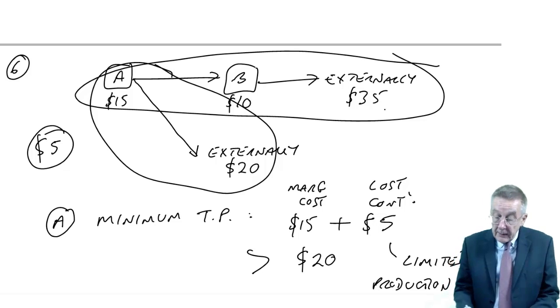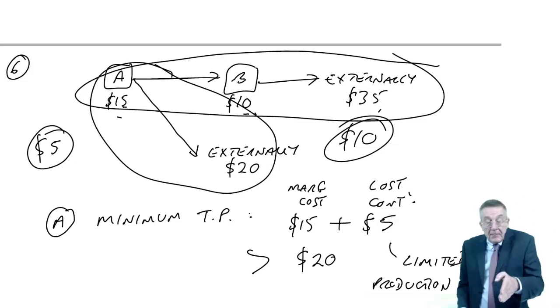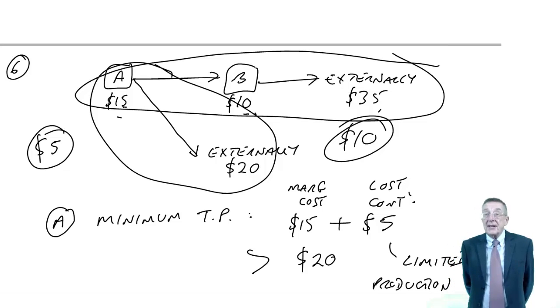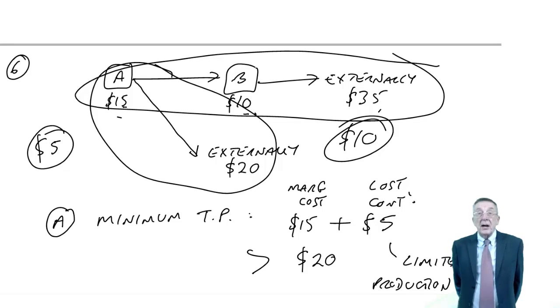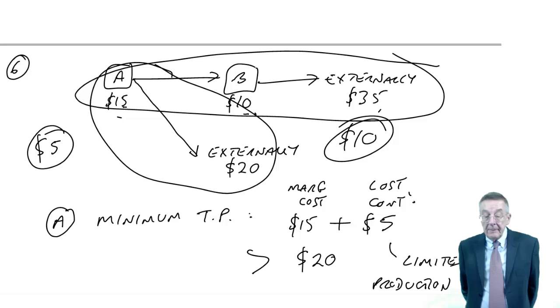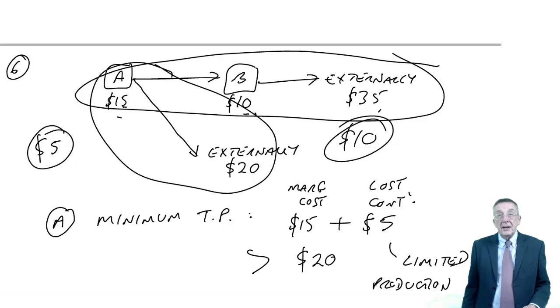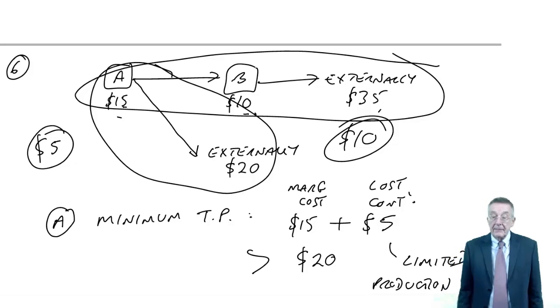And how much then would the company be making? Total cost 25, external selling price 35, $10. So the company prefers A to sell to B to sell externally. That's what they want them to do. And provided the transfer price is between 20 and 25, A is motivated to sell to B, B is motivated to buy.